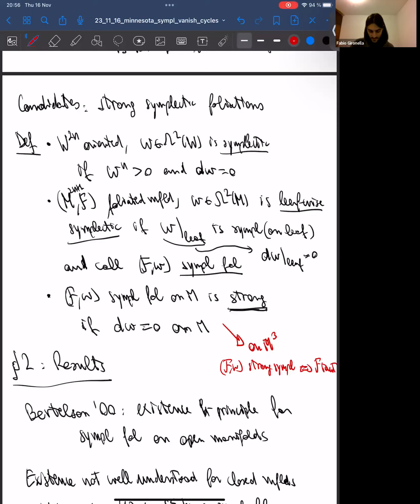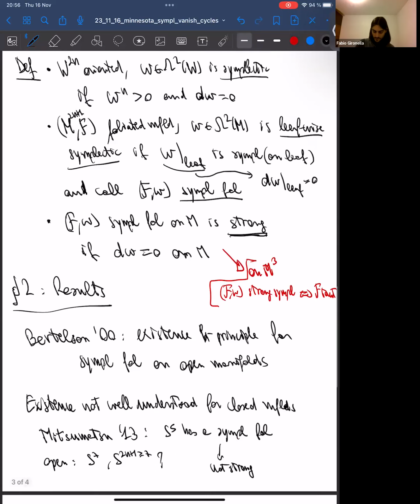It's not something weird and completely different. Meaning if F with omega is strong symplectic, then F needs to be taut, and if F is taut, then there is an omega on F which makes it a strong symplectic foliation. So these are natural extensions of taut foliations in dimension 3.